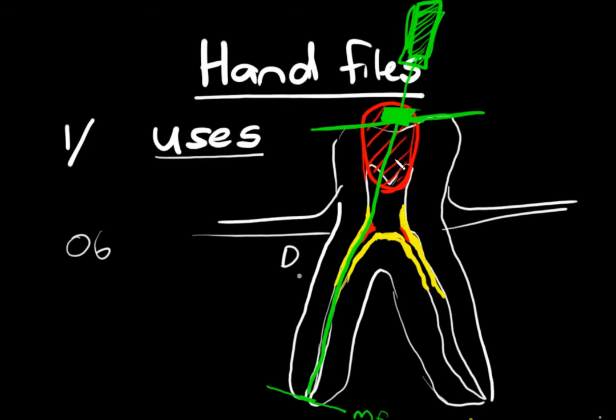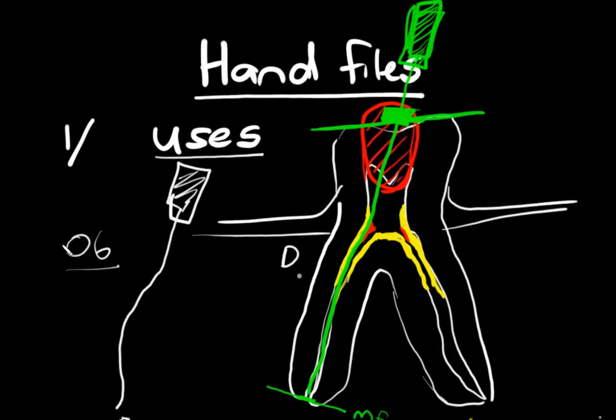So when you take this file out, you may see something like this. So come down, and then you see a little curve there, and it may be something like that. And that impression that the file, so here's the file handle up here, and here's the tip down here.